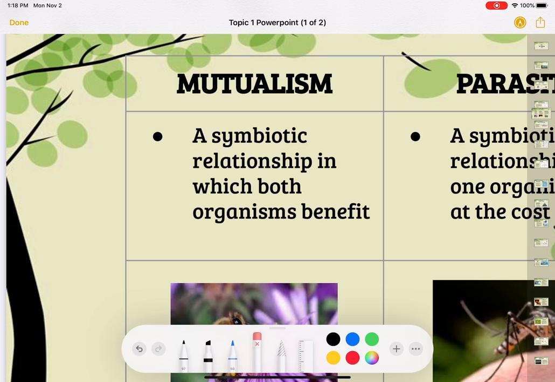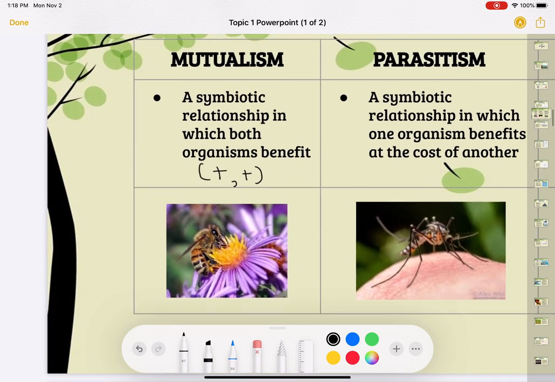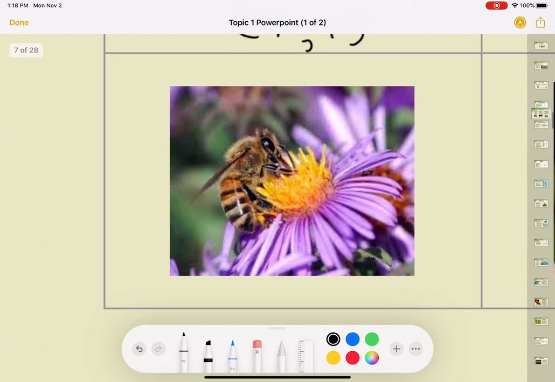So mutualism is the very first relationship, and this is a symbiotic relationship in which both organisms benefit. So I always write it like this. Each of them gets a positive thing out of the relationship. It's a positive relationship. This is the best relationship to have, where you're both getting something out of it. The example they give you is a bee and a flower.